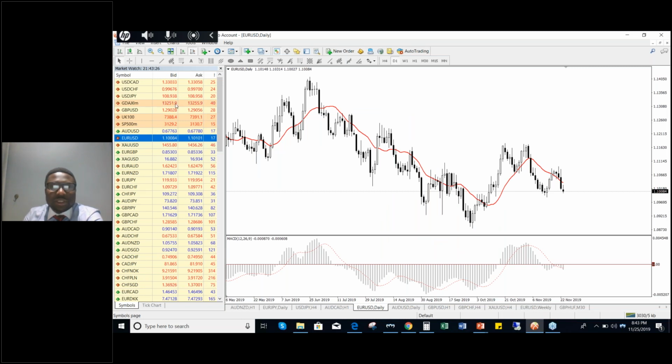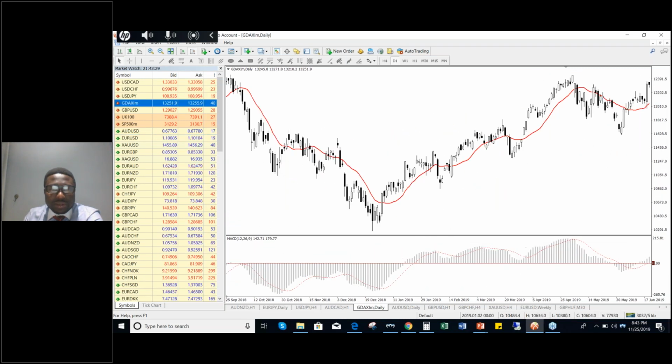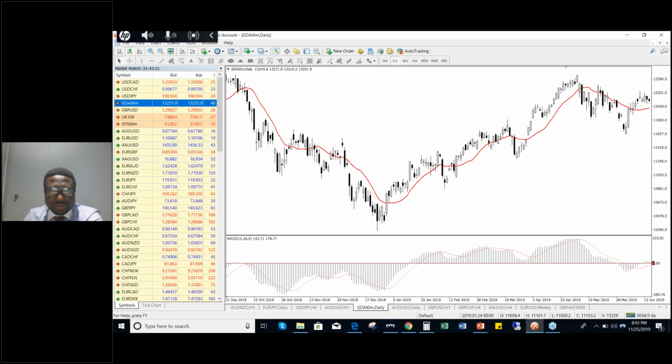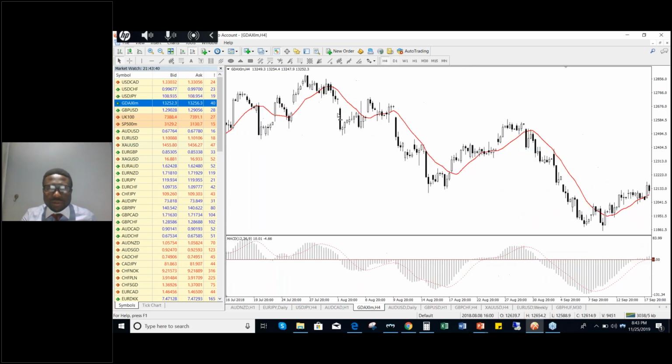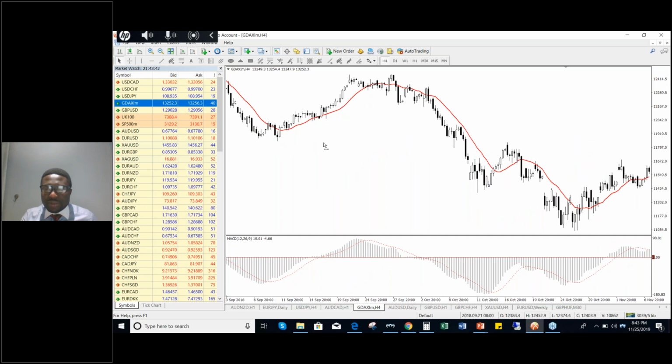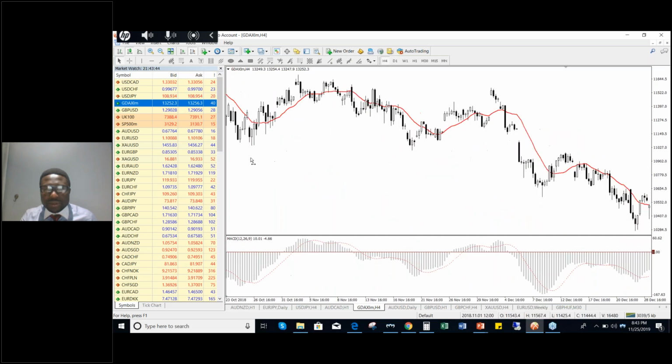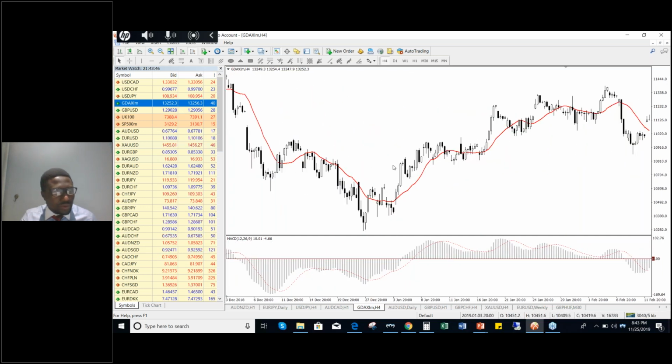Okay, let me look for GDAX. This is GDAX H4. I'm finding an example so we can follow.